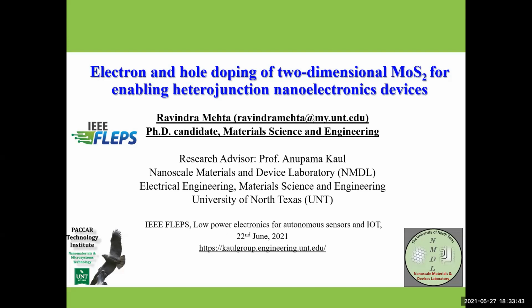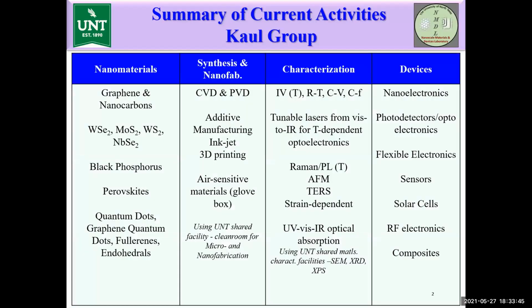So let's start with a brief review of our lab's expertise. What we do in our lab is we synthesize nanomaterials, from 2D, 1D, to 0D. I work basically on 2D materials, mainly black phosphorus and transition metal dichalcogenides.